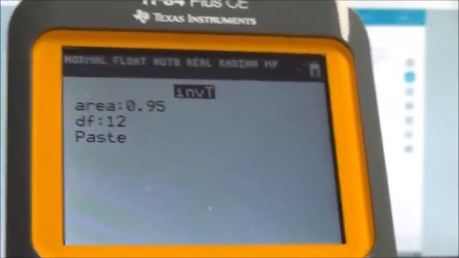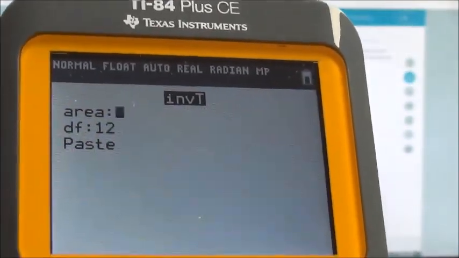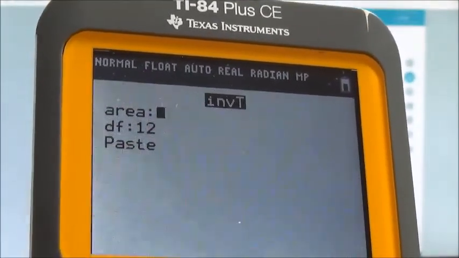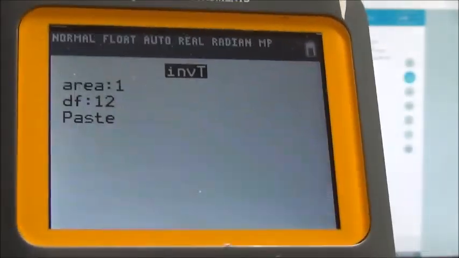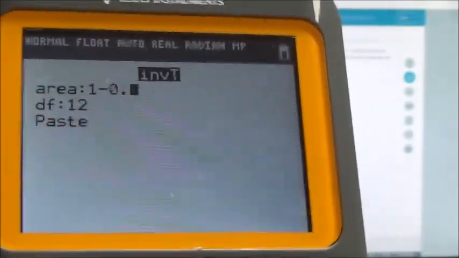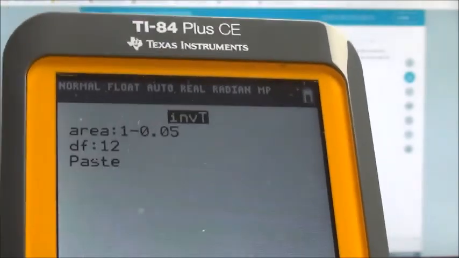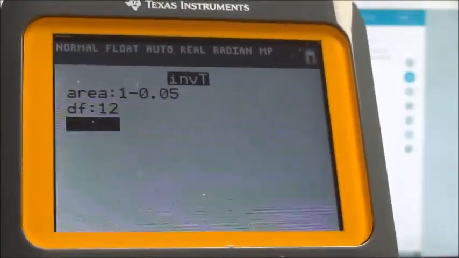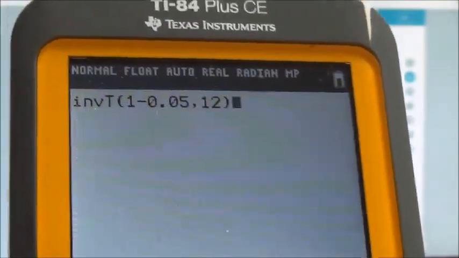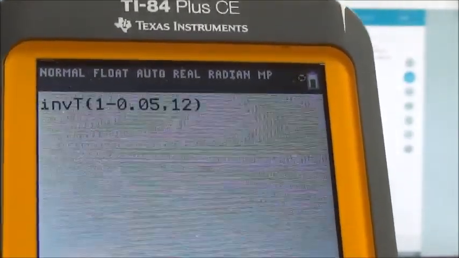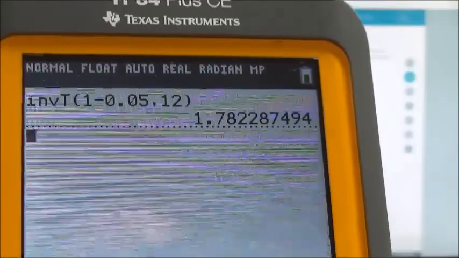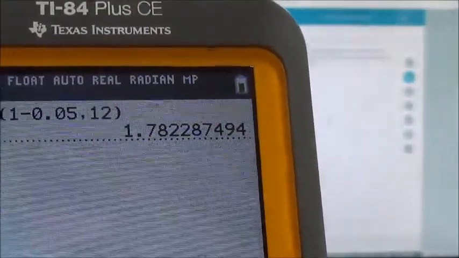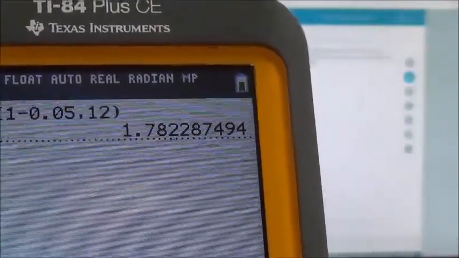So I'm going to hit number 4. And then in for your area, since it's the area to the right, I'm going to do 1 minus 0.05. You could just subtract and use 0.95. We have 12 degrees of freedom. When I paste that into my formula, then, and I enter, I get 1.7822879494.